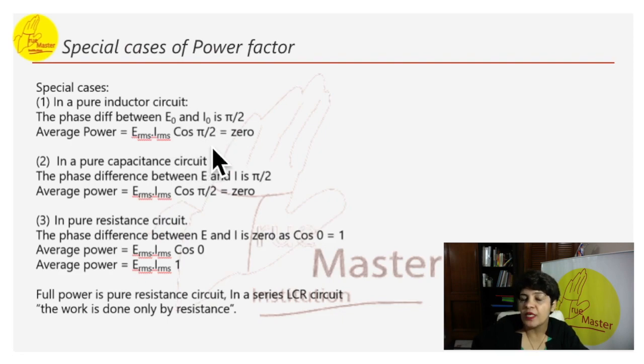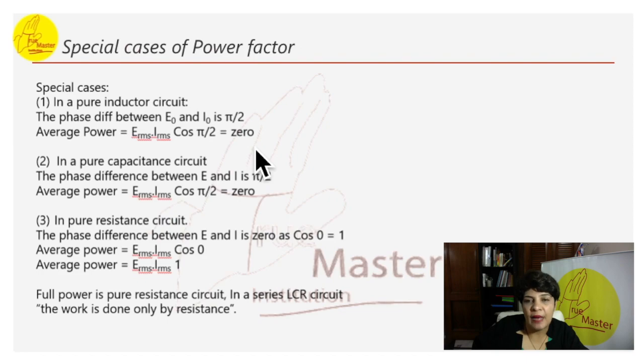The theta between E naught and I naught is pi by 2, that is 90 degree. That is why E into I into 0 becomes 0. So average power here is 0, meaning no work is being done in a pure inductor.